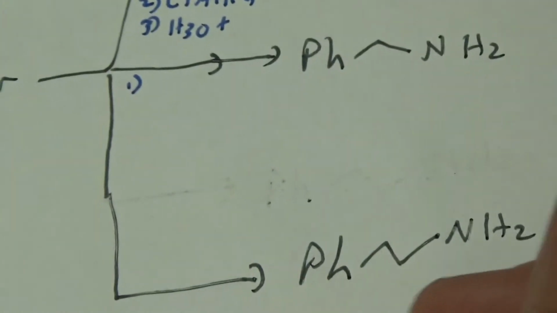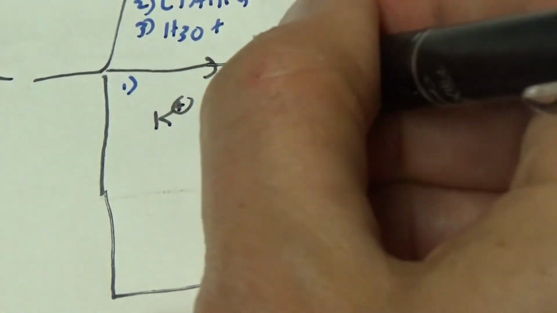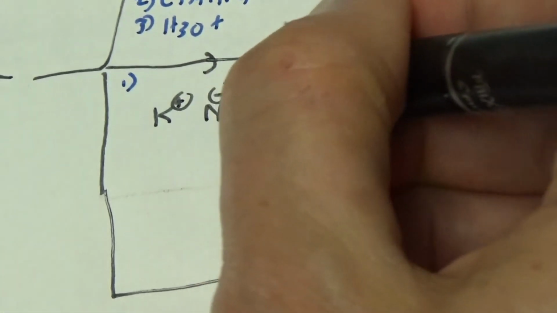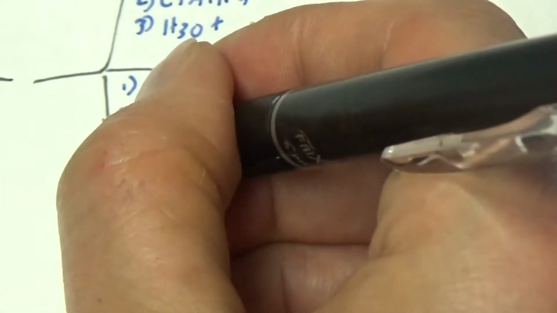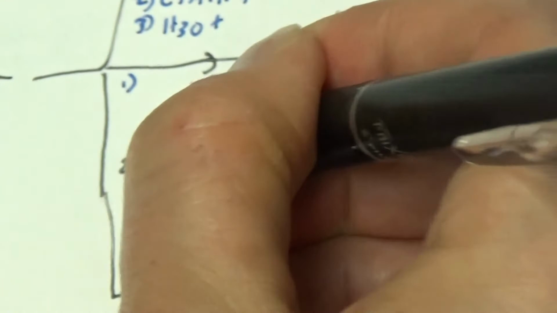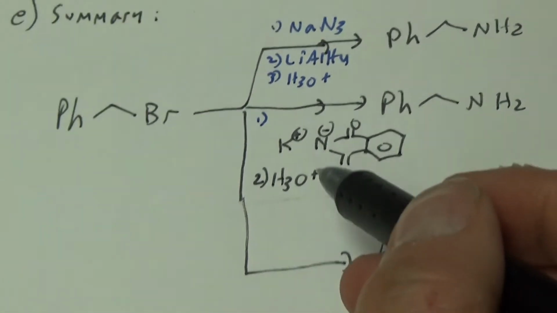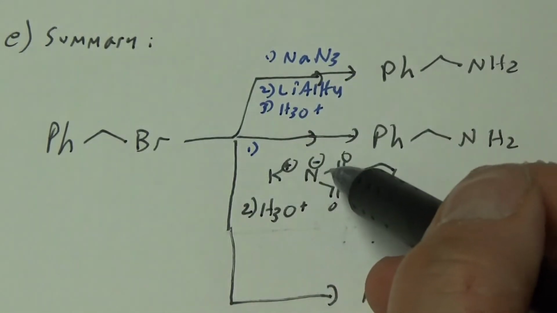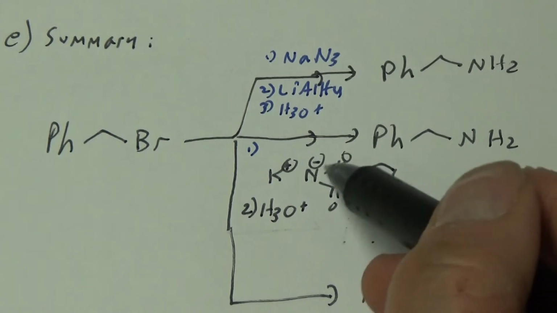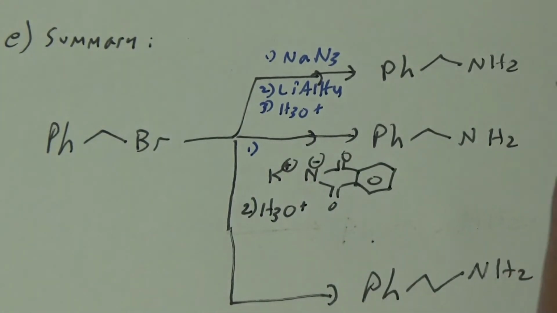The second one was the potassium phthalimide, and then usually H3O plus or something. So here an azide attacks, then you reduce the azide. Here the phthalimide attacks, then you do the hydrolysis, and you get the primary amine.